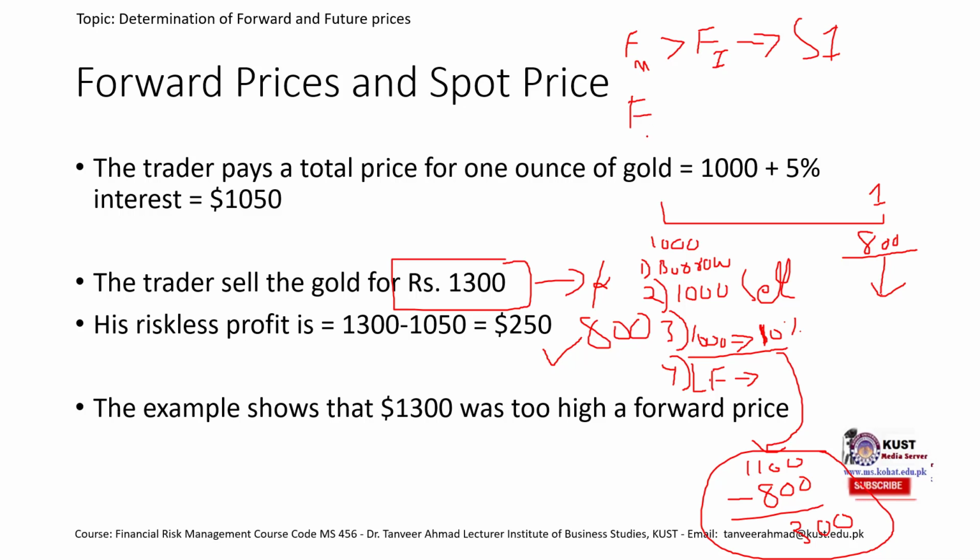And if the forward price in the market is less than the forward intrinsic price, then even in that case, using strategy 2 of short selling, the investor can earn profit. So the market price would be given. We can observe this market price. But the whole idea is to somehow find this intrinsic value.